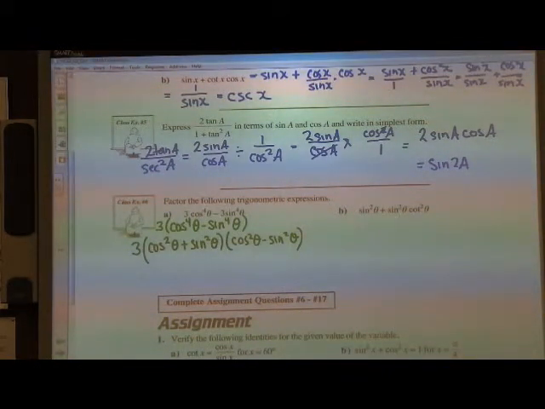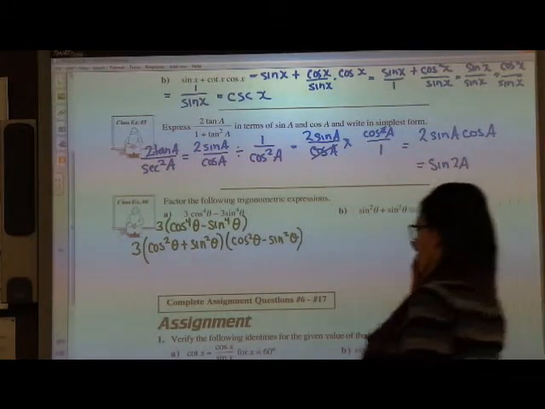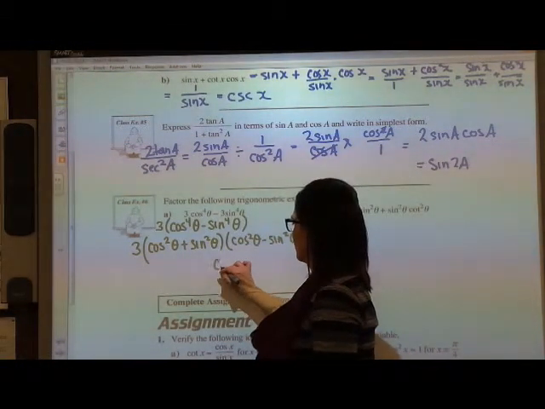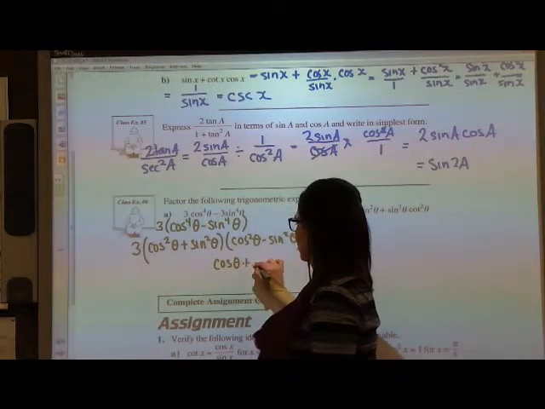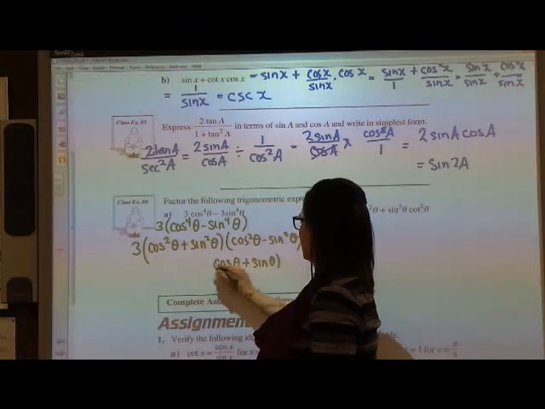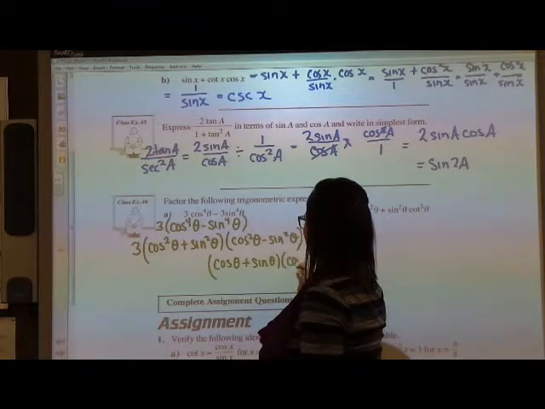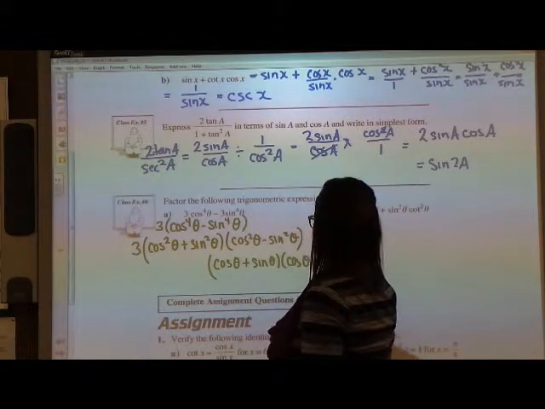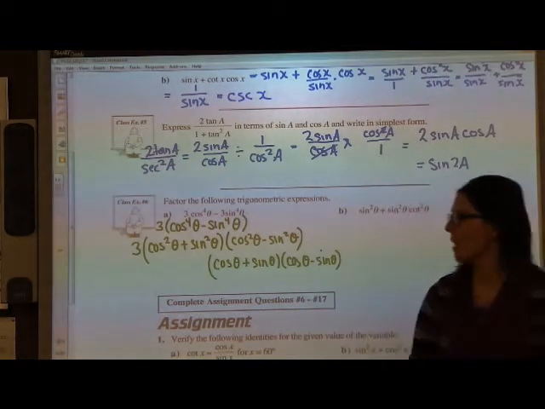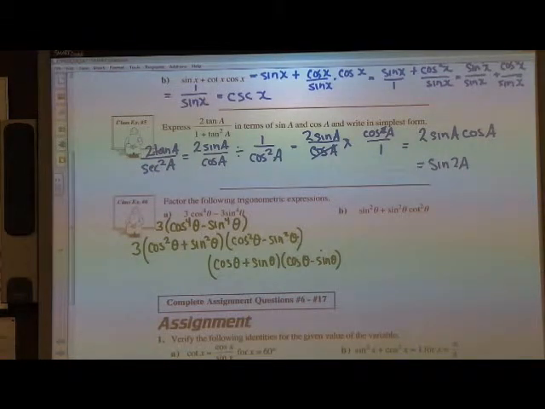The cos squared theta minus sine squared theta, the difference of squares too. It's another difference of squares, okay. So when I factor it, what do I get? Cos theta plus sine theta, cos theta minus sine theta. Okay. What about the cos squared theta plus sine squared theta? Can I do anything with that?